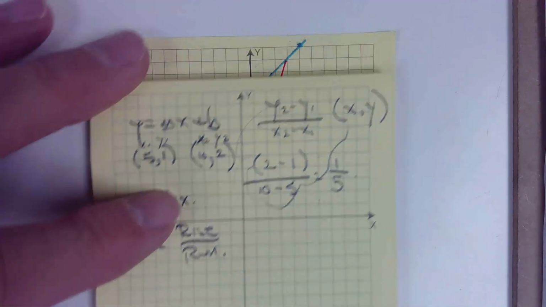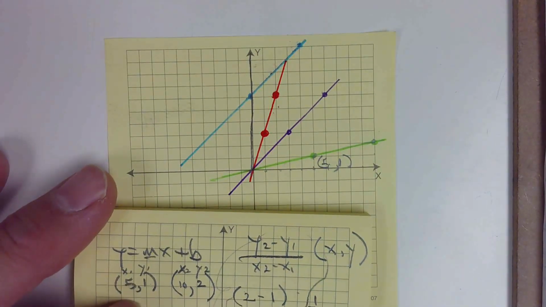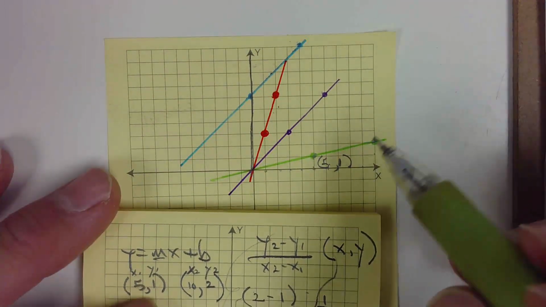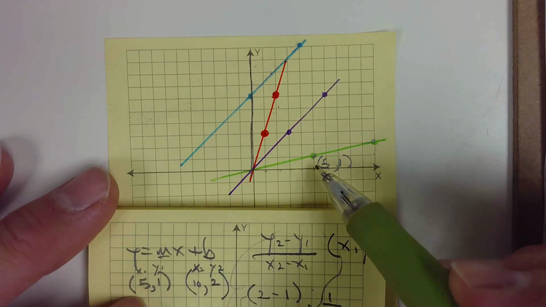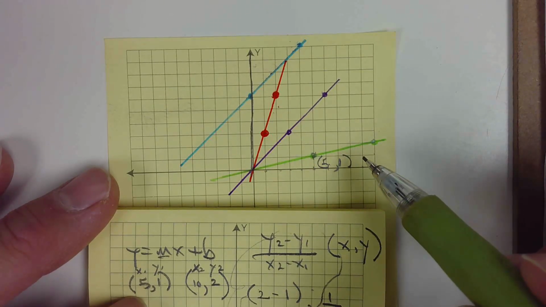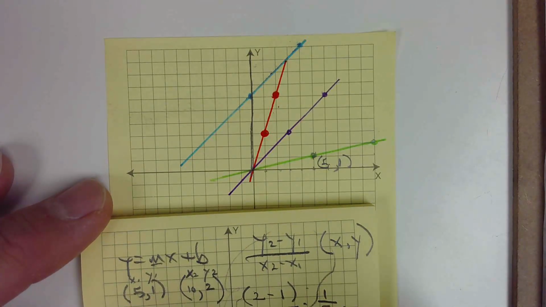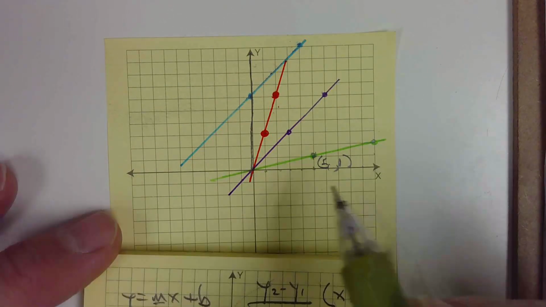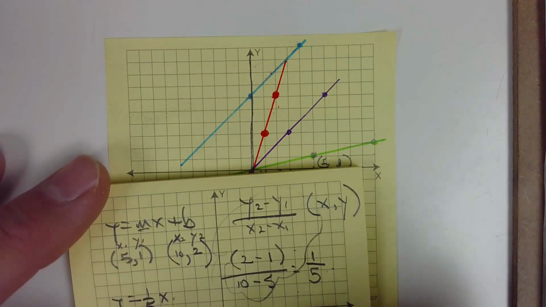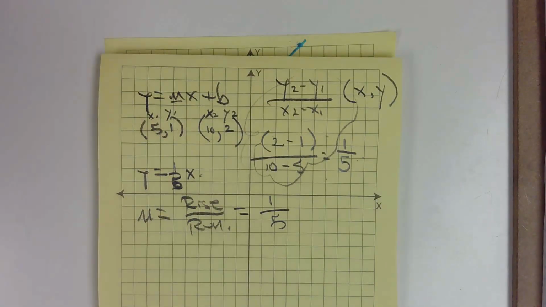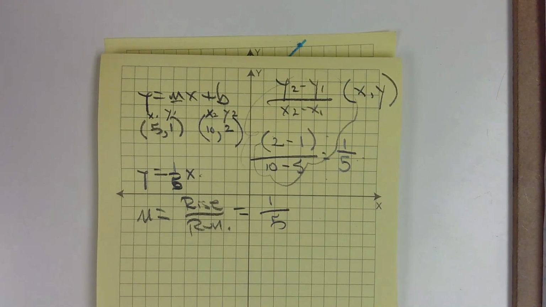Okay. So if we go back to that same line and we look at these points, this first one here, what's the rise? 1. Okay. So equals 1 over, what's the run? 5. Same thing. And a much easier way to calculate slope.